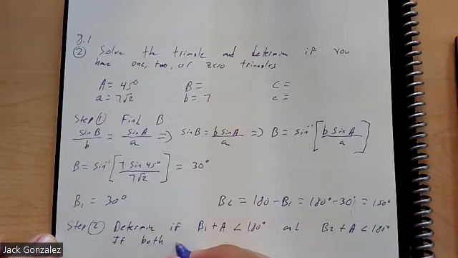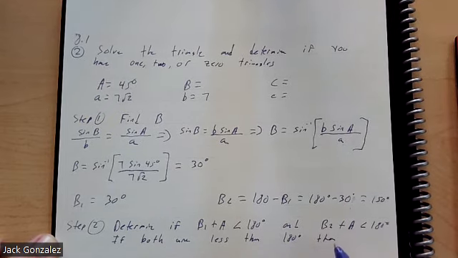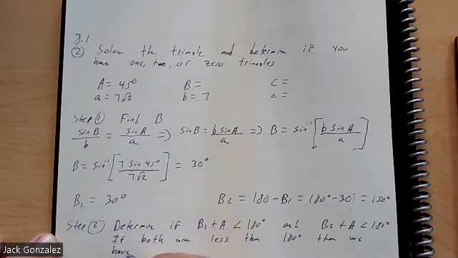If both are less than 180, then we have two triangles and life sucks.